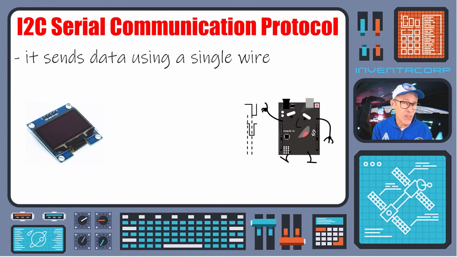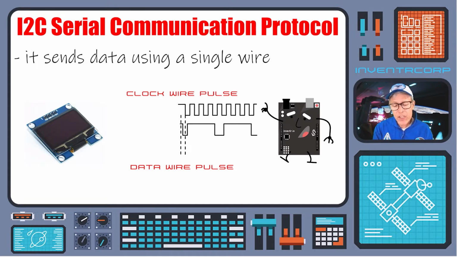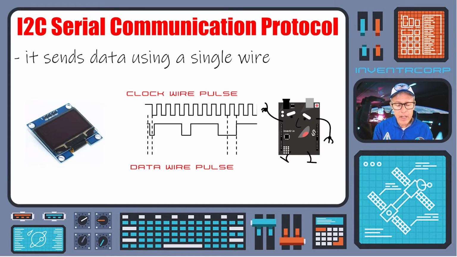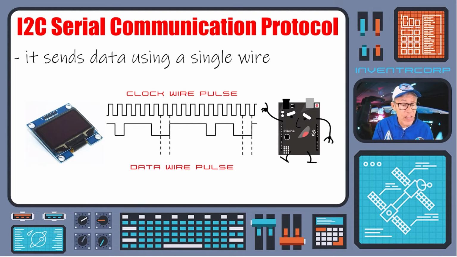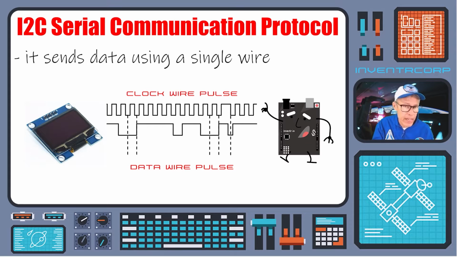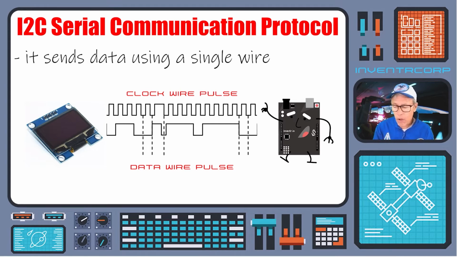And that might seem impossible, but the way that it's done is that single wire carries a message. It carries a message in the form of data packets that are communicated between the two devices using a handshaking protocol.